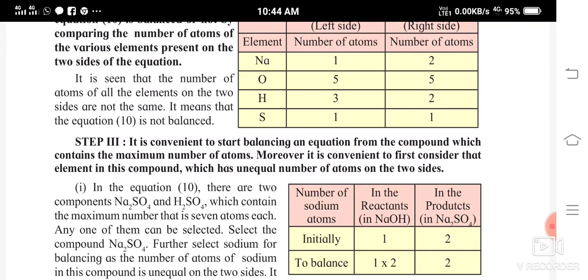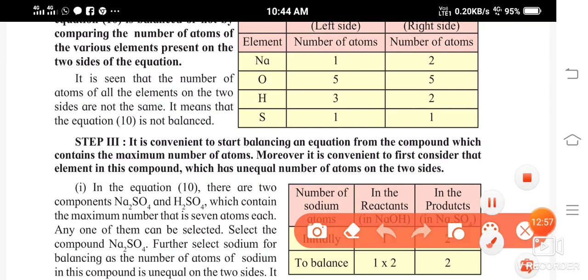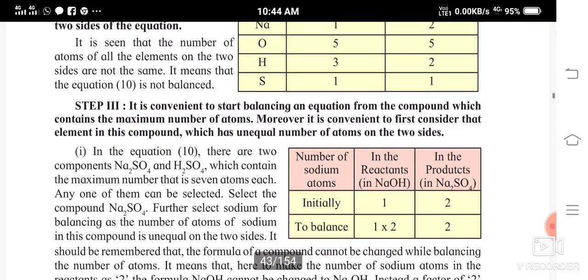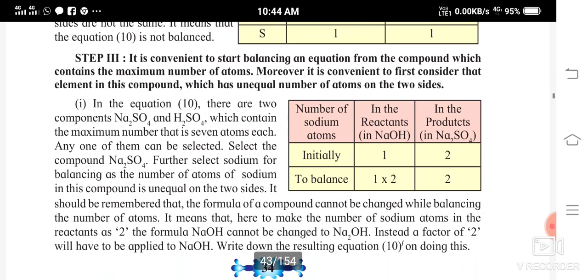However, it is convenient to first consider the element in this compound which has an unequal number of atoms on two sides in the equation.